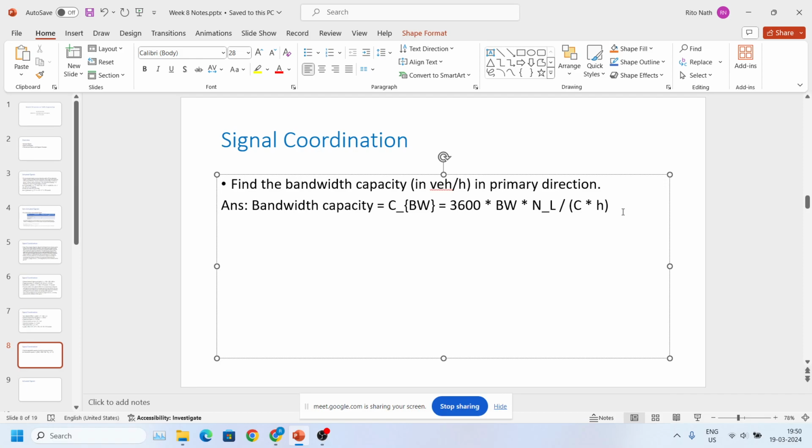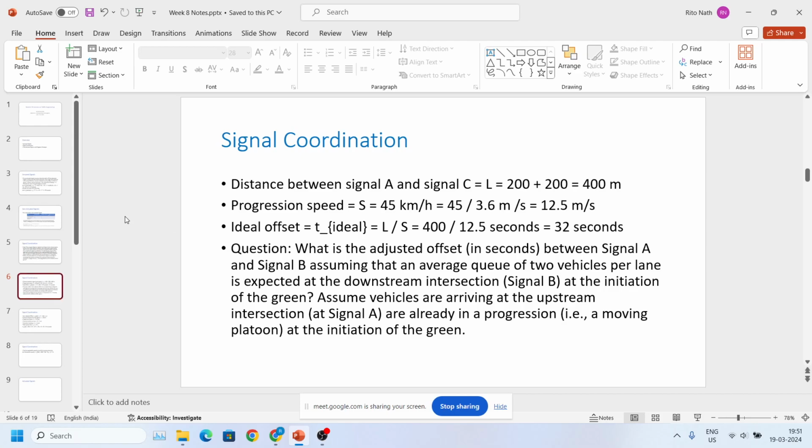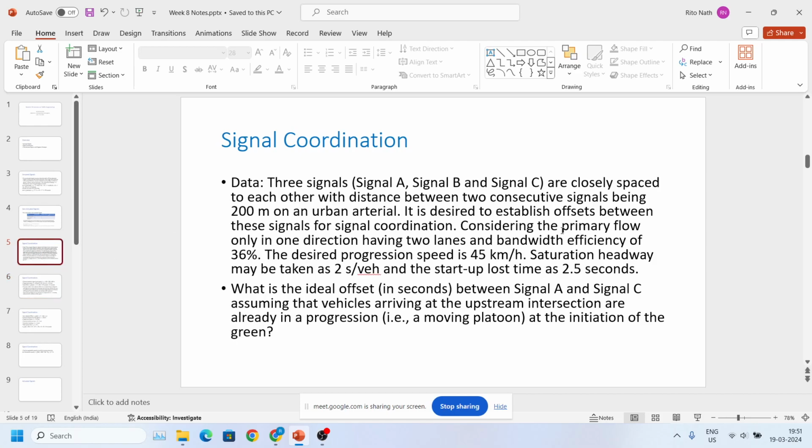Now, let's look at these terms one by one. This BW by C term is directly related to the bandwidth efficiency that was talked about in the previous slide.